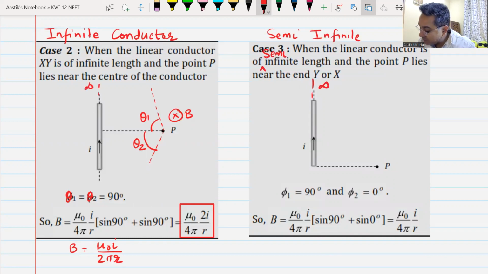Here we had infinity in both directions. Do we understand this? Here it is infinite only in one direction and the point P is here. So one angle becomes 90 and the other angle becomes 0. So the answer in this case becomes mu naught I by 4 pi r.